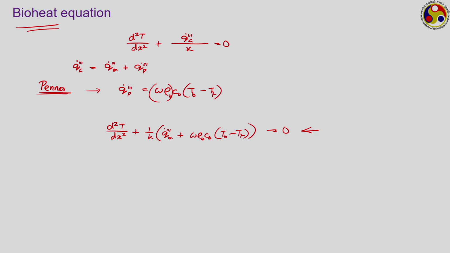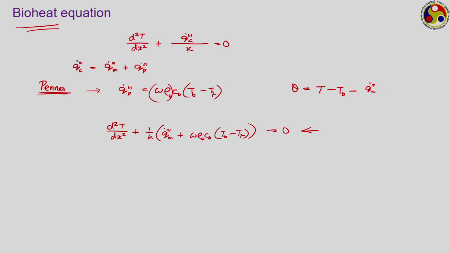Generally we go for some kind of non-dimensionalization by introducing a term theta. Theta is defined as T minus Tb minus q dot m triple prime.